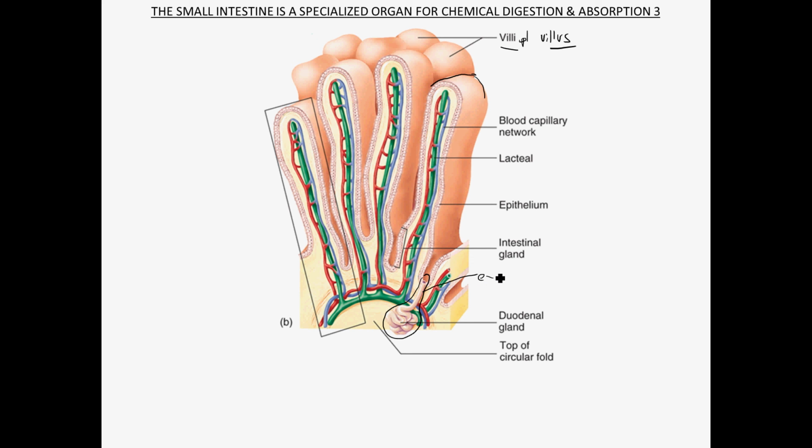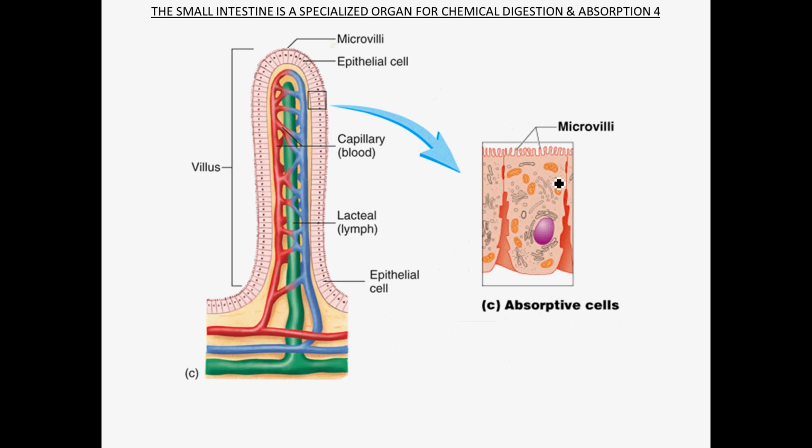So this is an exocrine gland, right? Exocrine. And that duodenal gland there is going to be producing the secretions, which we'll discuss in another screencast. Okay, so this epithelium here, let's zoom in on one villus and look at that epithelium and a couple of other features there.